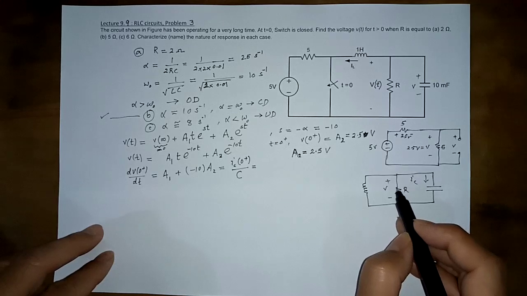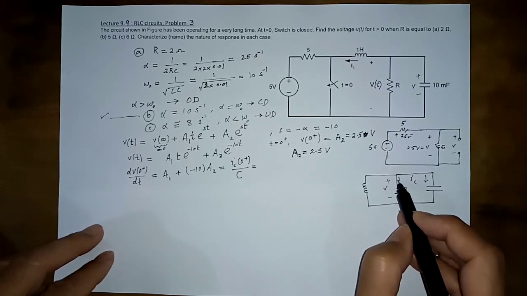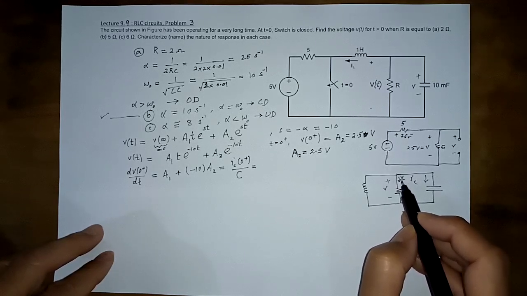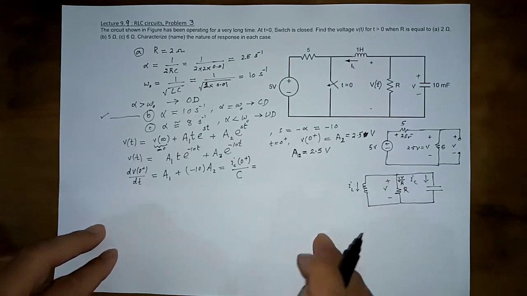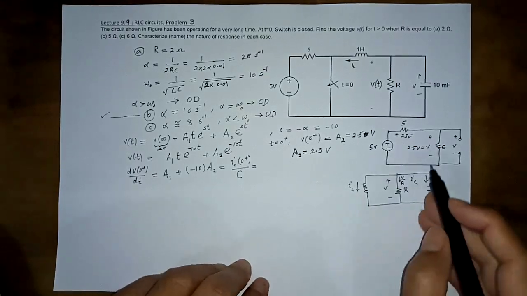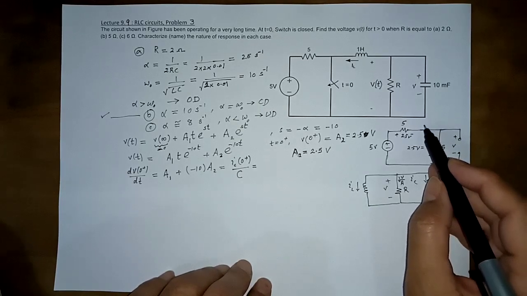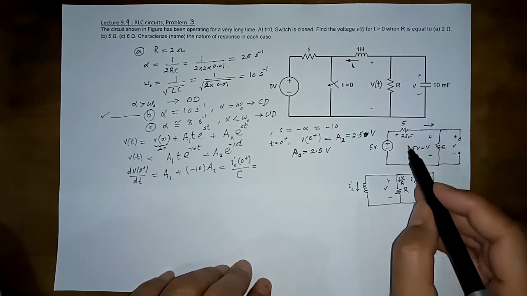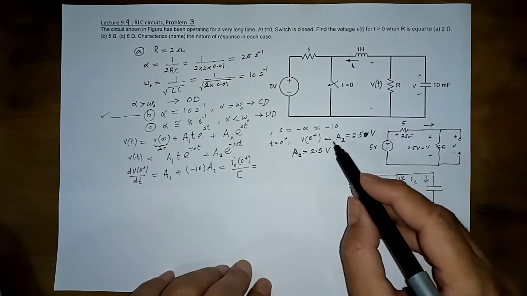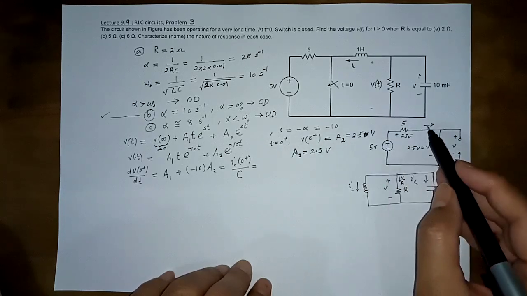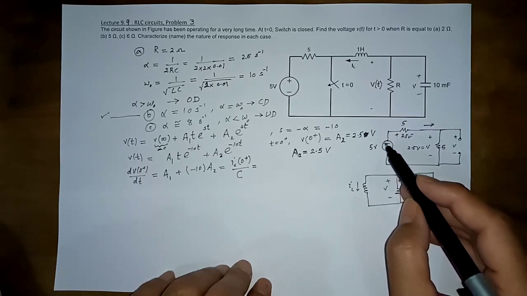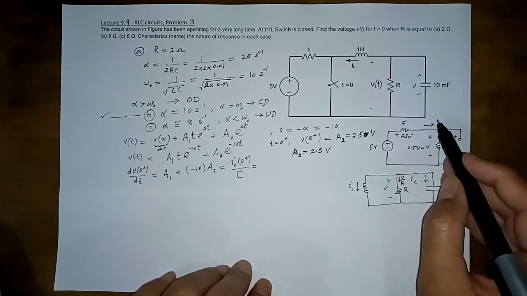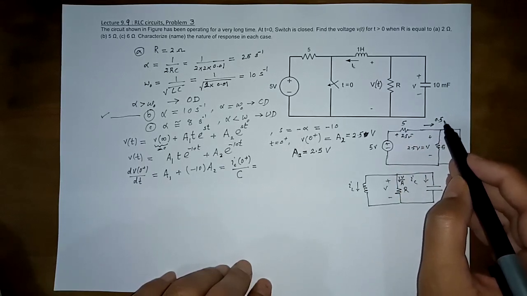This current is V over R, this current is V over R, and this current is IL. We need to find the value of this current at t is equal to 0 plus. This value of this current would be 5 divided by 10 or 0.5 ampere.